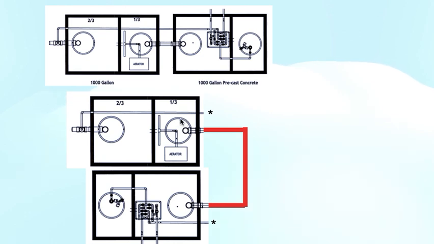So you want this last third of this first tank where the aeration is happening to be connected with this red line here into the 2/3 section of the second tank. And then that last third is where the pump will be going out to your headworks. And you can see here also denoted by these asterisks that the vent line we were talking about would be making that connection over here.